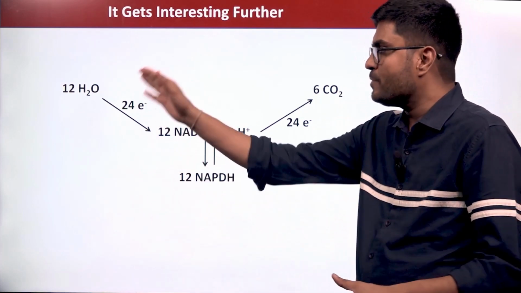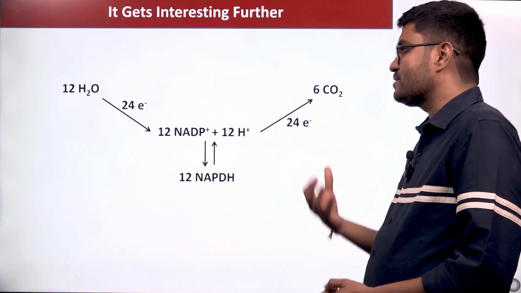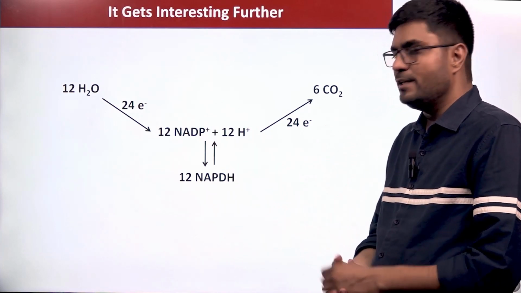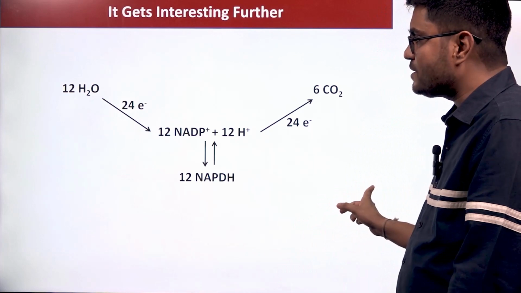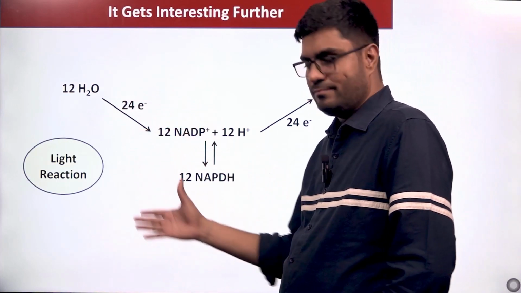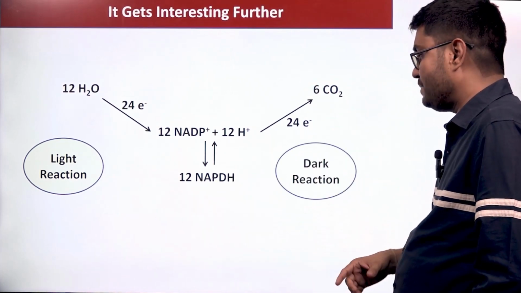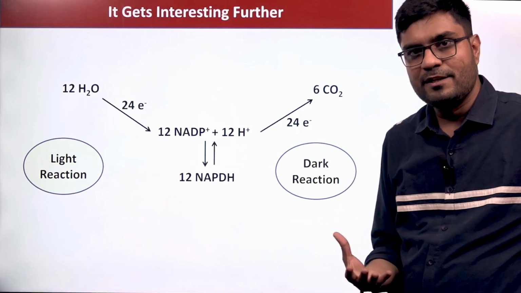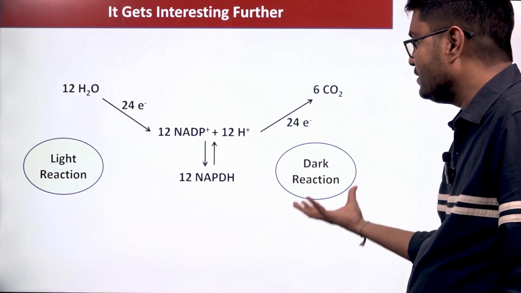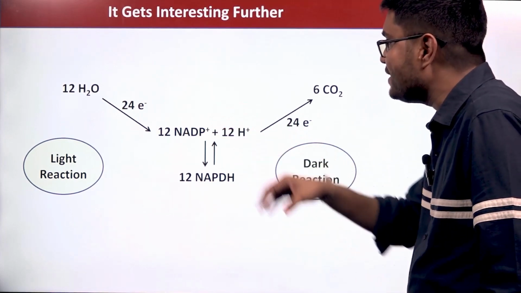So ultimately, 24 electrons are being transferred from 12 water molecules to 6 CO2 in a two-step manner. And the first step is dependent upon light, so we are calling it light reaction. And the second step is not depending upon light, so we are calling it what? Dark reaction, right?